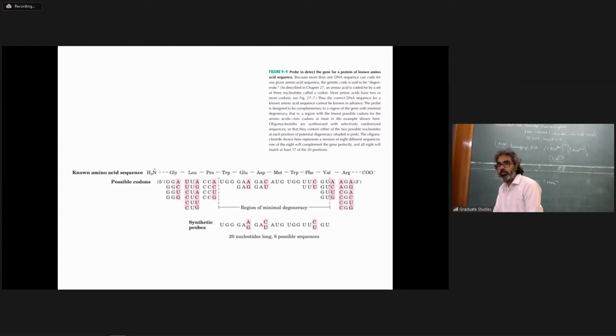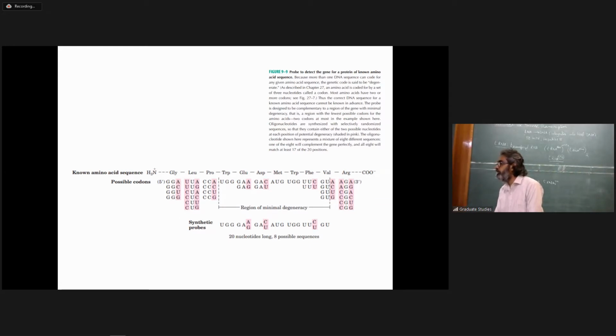Now if I ask you what the mRNA template is which has been used to synthesize this polypeptide, you can have many different combinations. For leucine, you can use any of those 6. For glutamic acid, any of those 2. For tryptophan, of course, only 1. For methionine, only 1. In the intermediate region, the region of minimal degeneracy, just for this sequence, tryptophan to valine, how many possibilities?